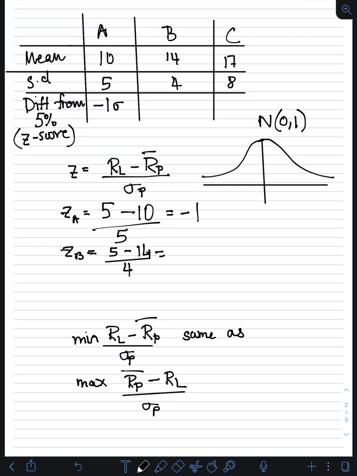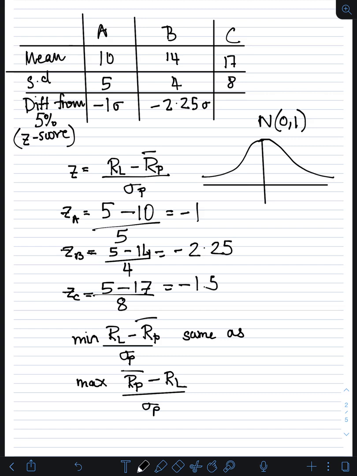If you do that calculation, you're going to get minus 2.25 for B. So we're 2.25 standard deviations away from the mean for B. And if we do the same thing for C, we have 5 minus 17, our mean, divided by 8, which is our standard deviation. If you do that, you're going to get minus 1.5.